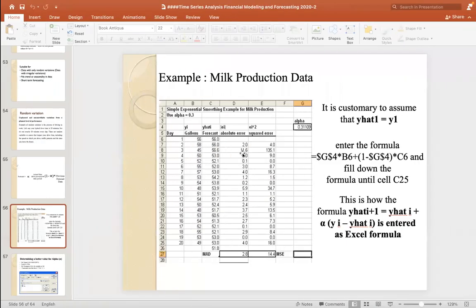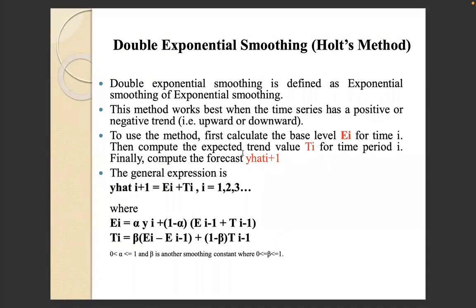Then we'll move to double exponential smoothing. It's called exponential of exponential smoothing, right? So we are doing the smoothing technique twice. Double exponential smoothing is defined as exponential smoothing of exponential smoothing.